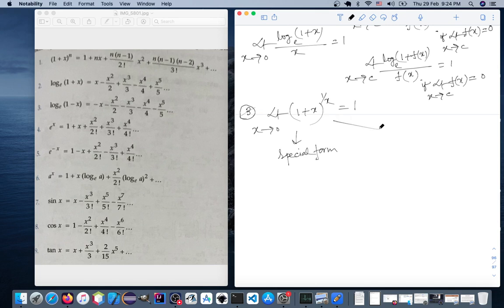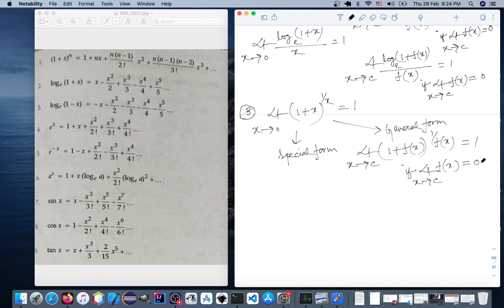And the general form is limit x tending to c of (1 plus f(x)) to the power 1 by f(x) is e, if we have limit x tending to c of f(x) equals 0.